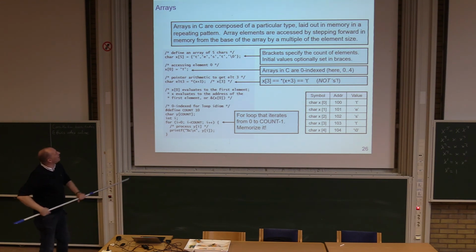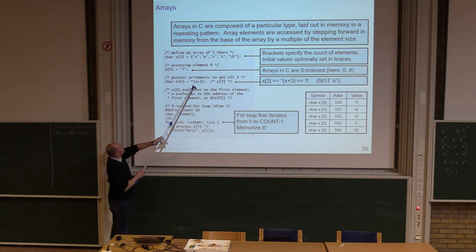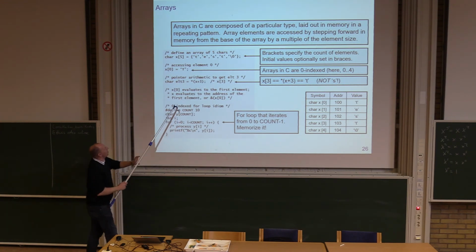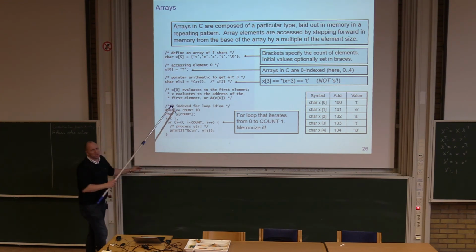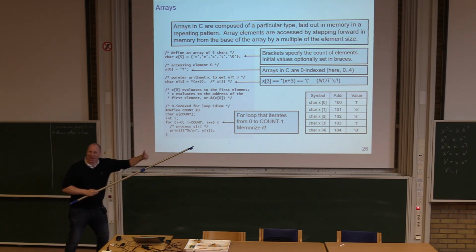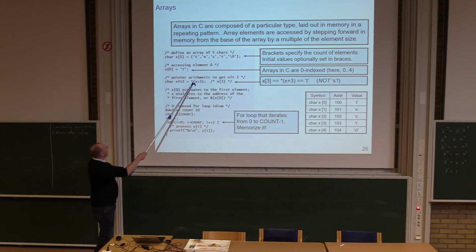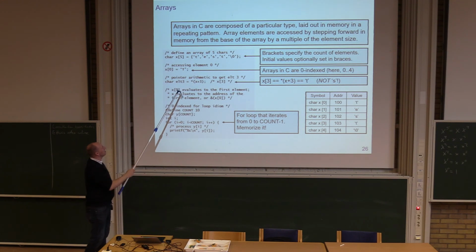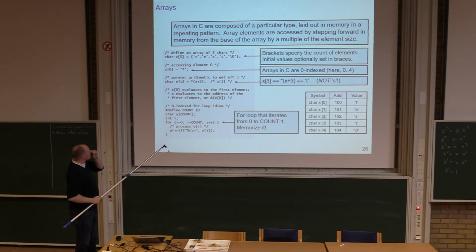You can also, in this case, have x plus 3. So you can do arithmetic on the addresses. You increase the address by 3 positions forward and get the value at that position. So it will be the fourth element in this case.